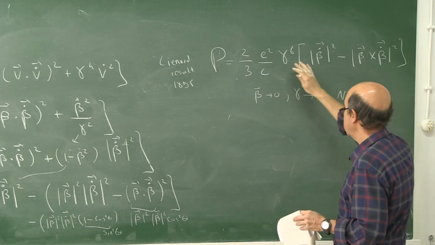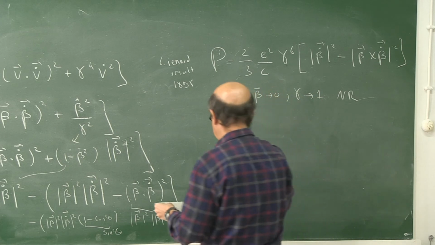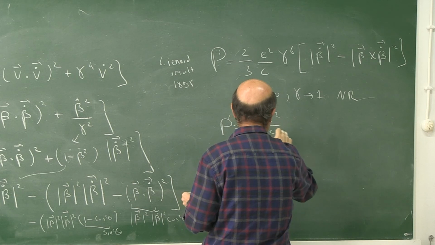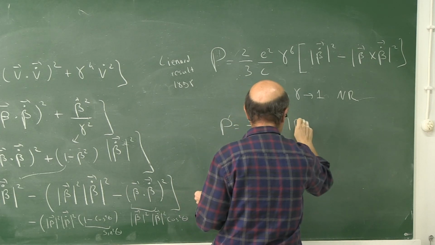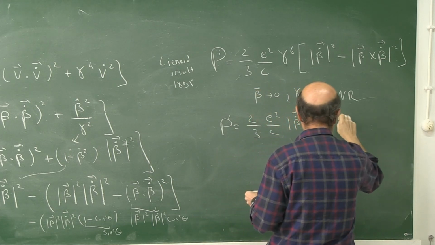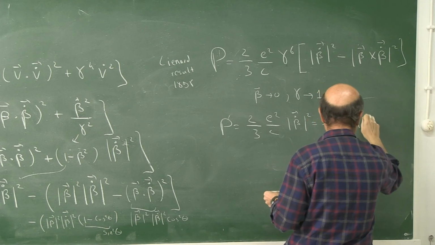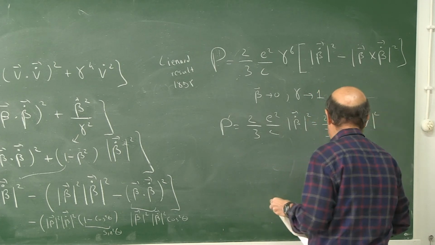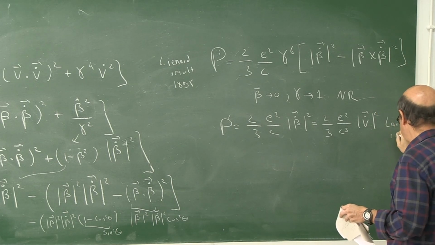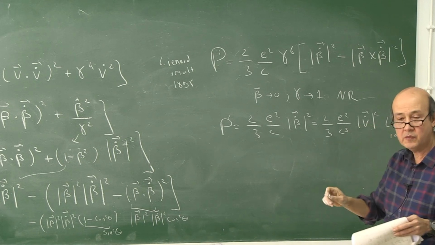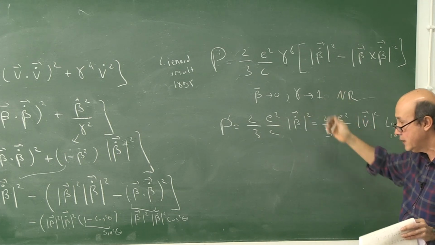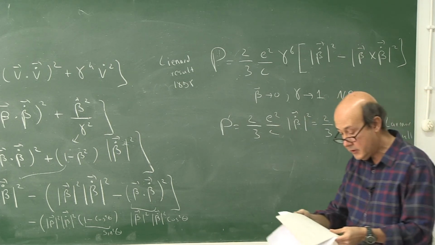So this term drops, this term goes to 1, and you can obtain 2 over 3 E square over C beta dot square, or 2 over 3 E square over C cube times V dot square, the acceleration square. This is the Larmor result. So that means that this is working well in the non-relativistic case. This is relativistic, but if you take the non-relativistic case, it is working well.